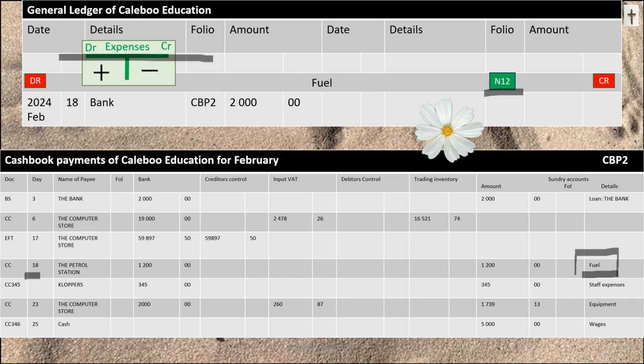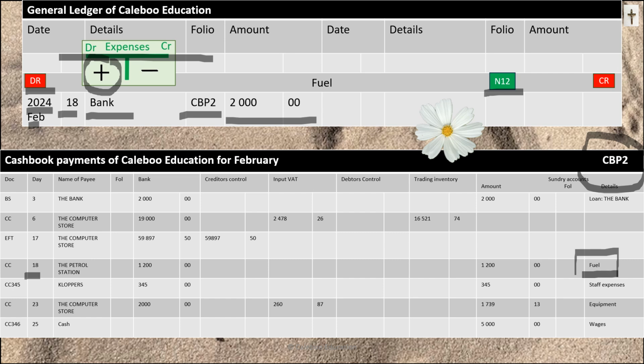The fuel account is an expense. The expense has increased, so the account needs to be debited. And we've got the year, the month, the day the transaction took place, under details the name of the contra account, where did the information come from, the Cashbook payments number 2, and what was the amount.